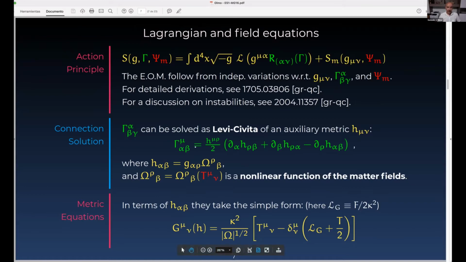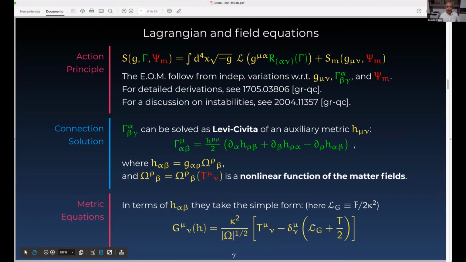So, and this is for the metric and for the connection. And using this metric H, the metric field equations can be written in compact form like this. Okay. So on the left-hand side, we have the Einstein tensor for H, and on the right, we have the stress energy tensor, its trace, and then the determinant of omega, but remember that the determinant of omega is a function of the matter and the gravity Lagrangian.